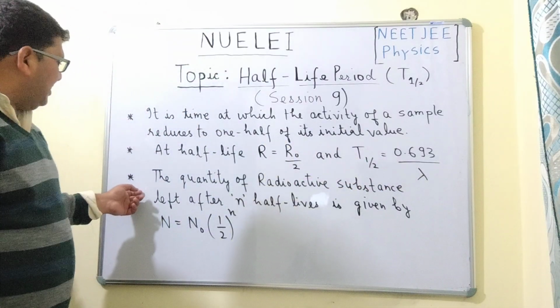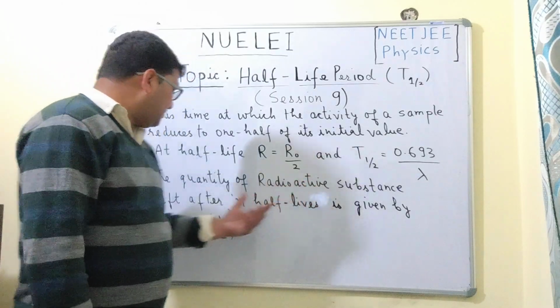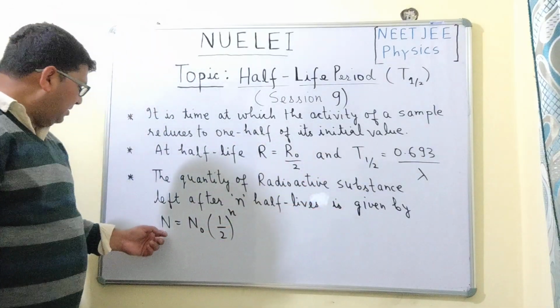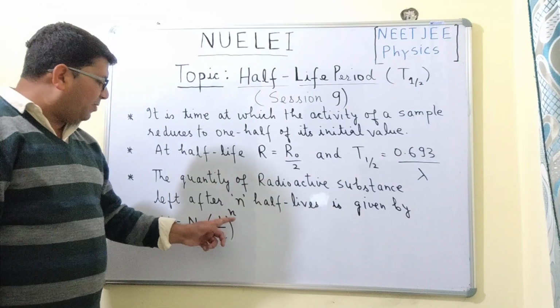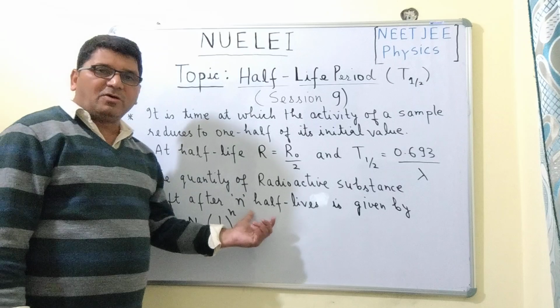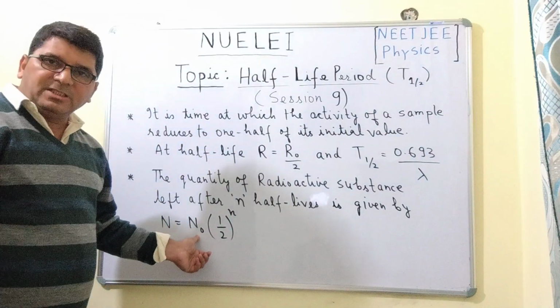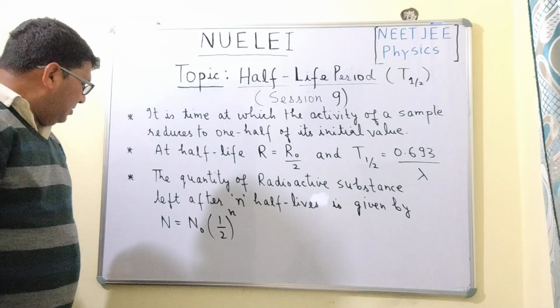The third important point is that the quantity of a radioactive substance left after n half-lives is given by this formula, that is N is equal to N naught (1/2)^n, where n is the number of half-lives, and here N naught is the initial number of radioactive nuclei.